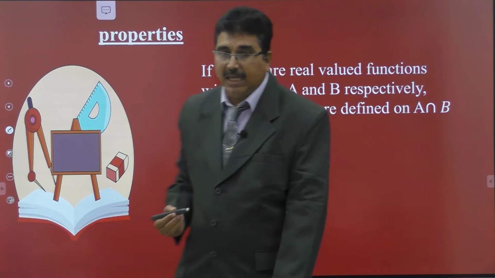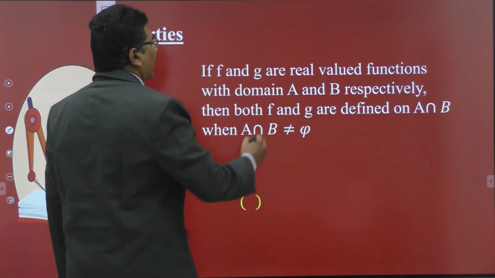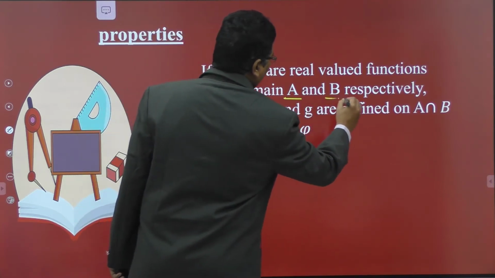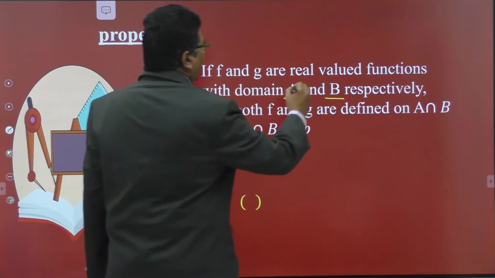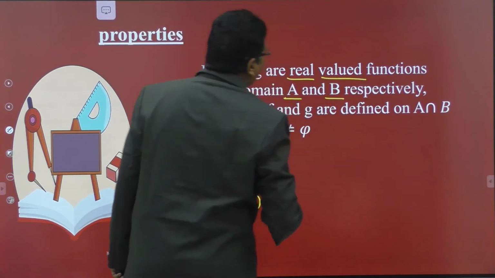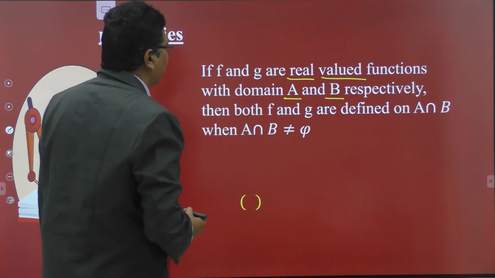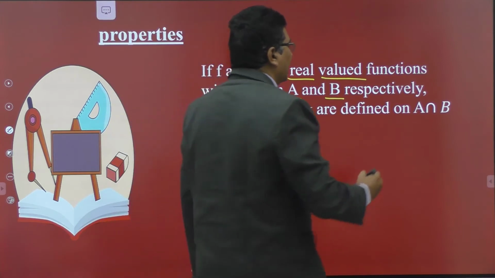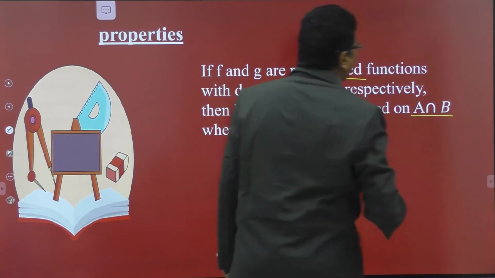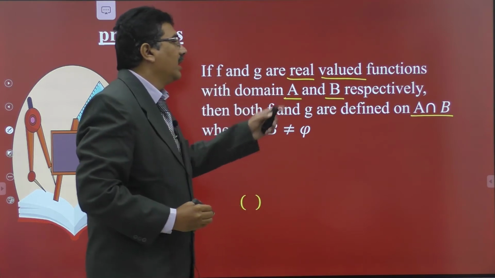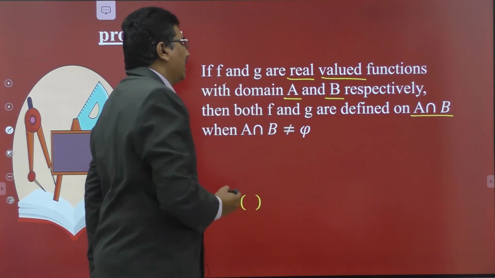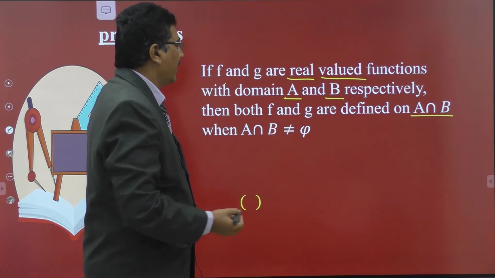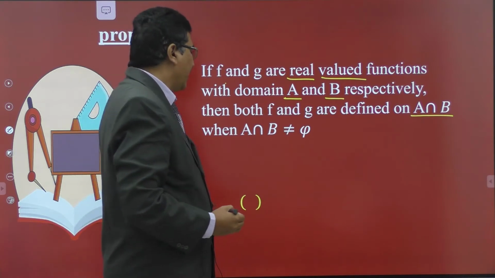If the function f is defined on domain A and the function g is defined on domain B, both are real valued functions, then f and g are both defined on A intersection B, when A intersection B is non-empty.